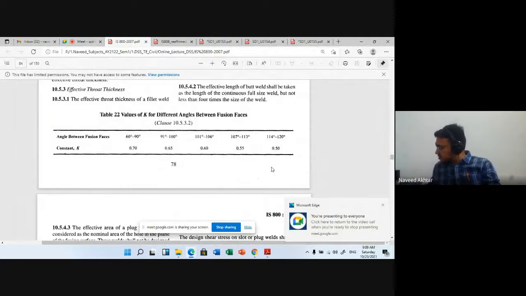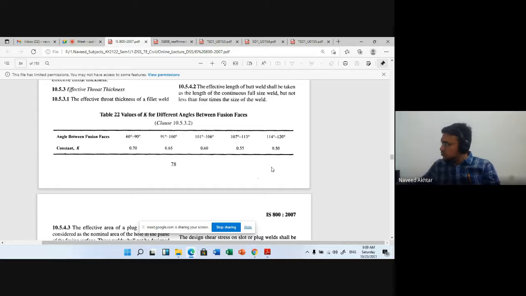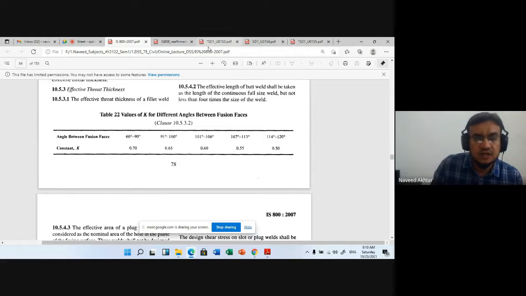Okay. So from here you can find out the effective throat thickness from clause number 10.5.3.